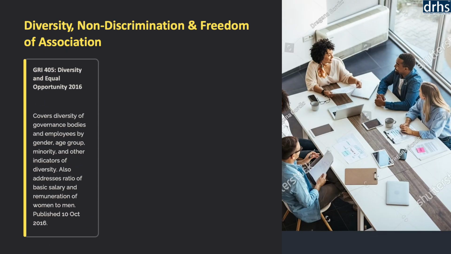GRI 405, Diversity and Equal Opportunity, 2016, emphasizes the importance of representation across governance bodies and employee categories, including diversity in gender, age, and other dimensions. It encourages organizations to cultivate inclusive leadership structures and address disparities, thereby strengthening decision-making and organizational resilience.